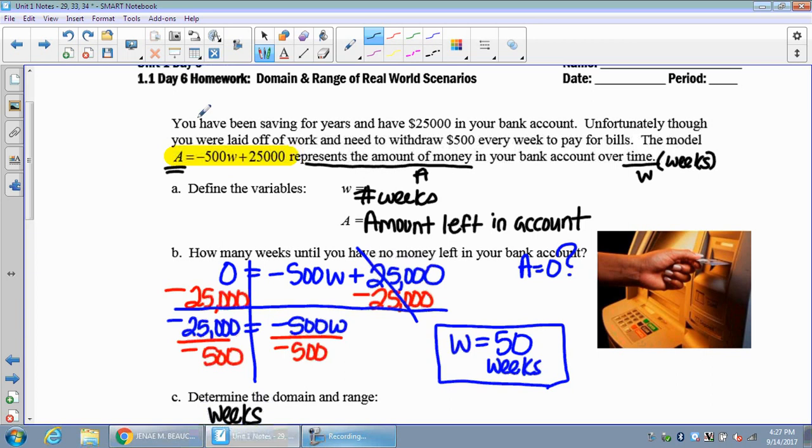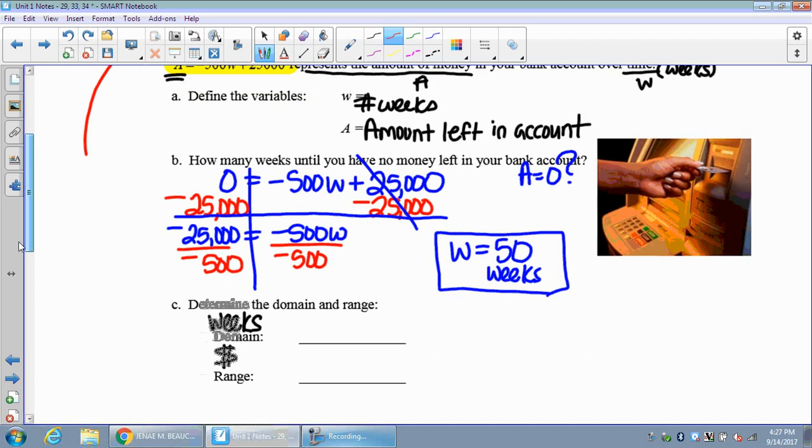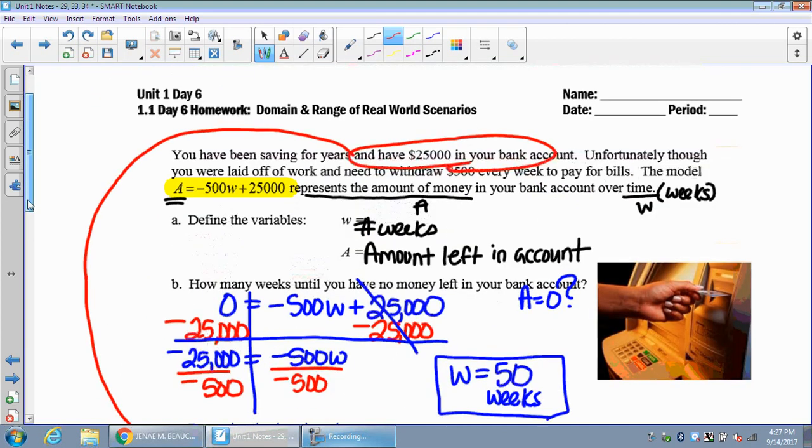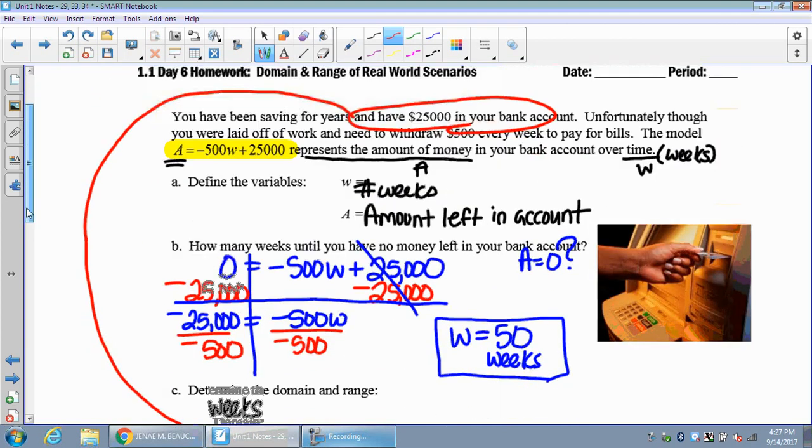No, it says you have been saving for a long time and you have this much in the account. That is a restriction on the money, which makes sense. People would like to have an infinite amount of money in their savings account, but that's not the case. You have a certain amount. In this case, you have the 25,000.